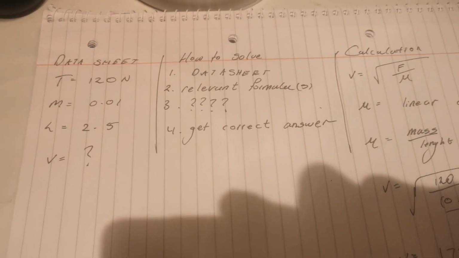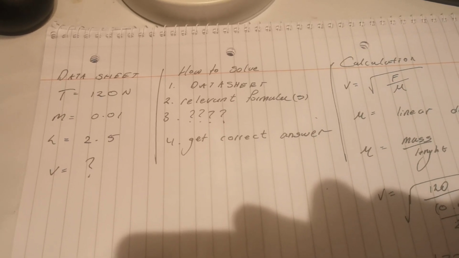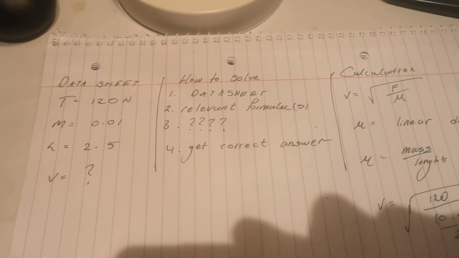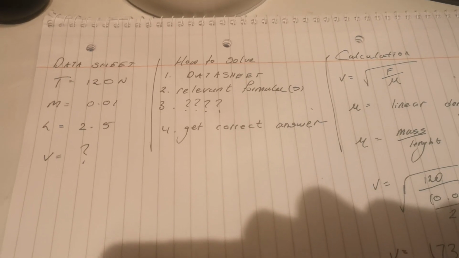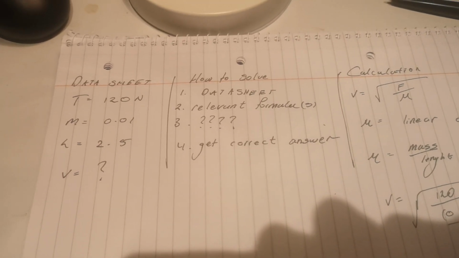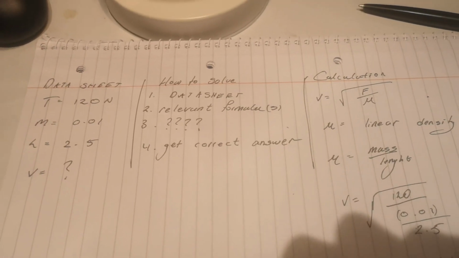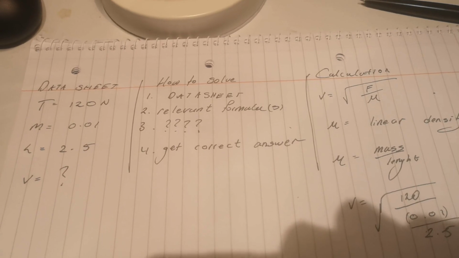Alright, before I even start doing the question, I'm going to write myself out a data sheet, which I do for most questions in physics. I just find it useful to have the information in front of me. It prevents you looking back and forth from the page to the question sheet. Secondly, you find a relevant formula or formulas, and then you get to solving.